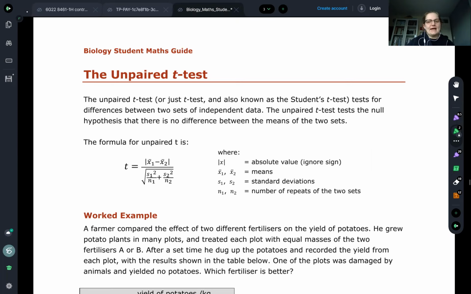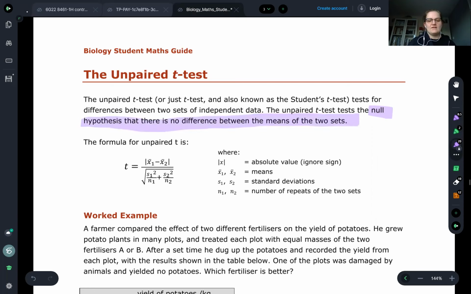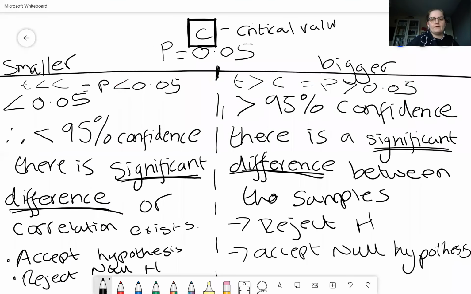It tests a null hypothesis, and this is important, that there is no difference between the means of the 2 sets. I'm going to write out the t-test on the other page, and we're just going to talk through the formula for it.